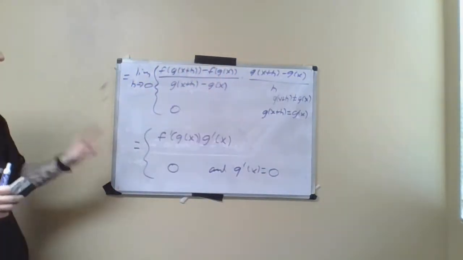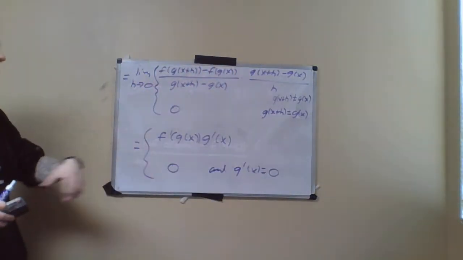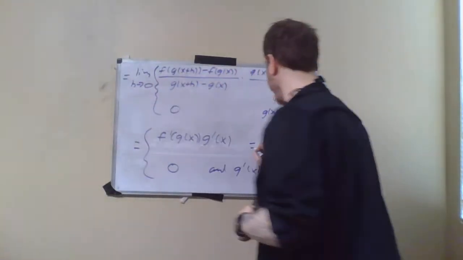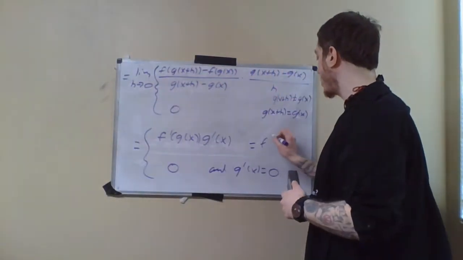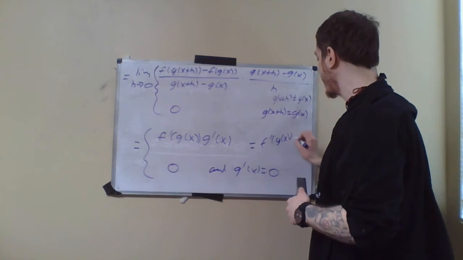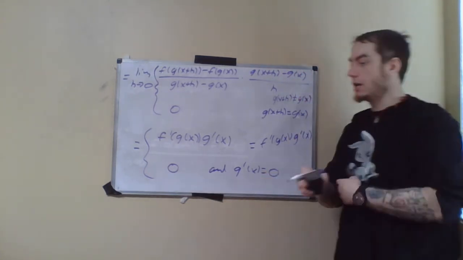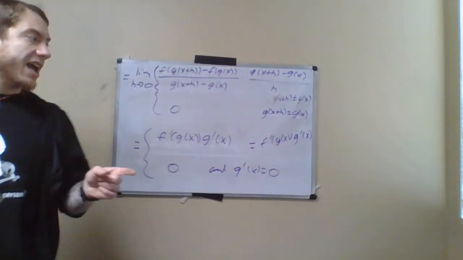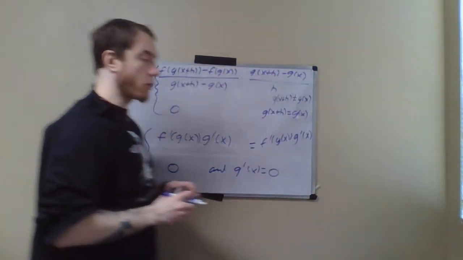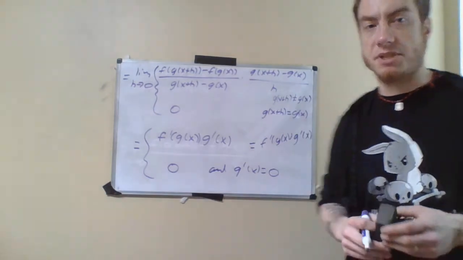However, in that case, we can just consolidate this all down into 1 and say, well, what that really means is it's always f prime of g of x times g prime of x. So there we go. We've worked out this nice little formula for the derivative of the composition of functions.